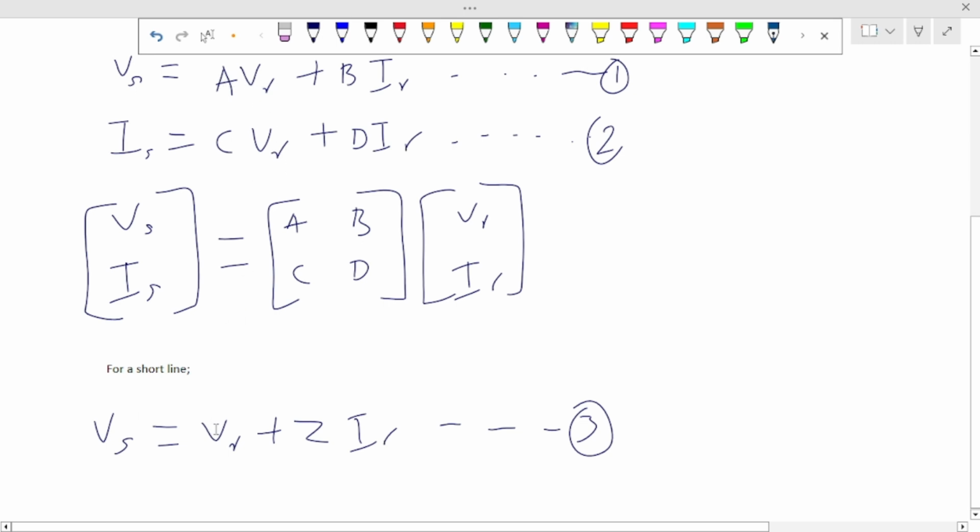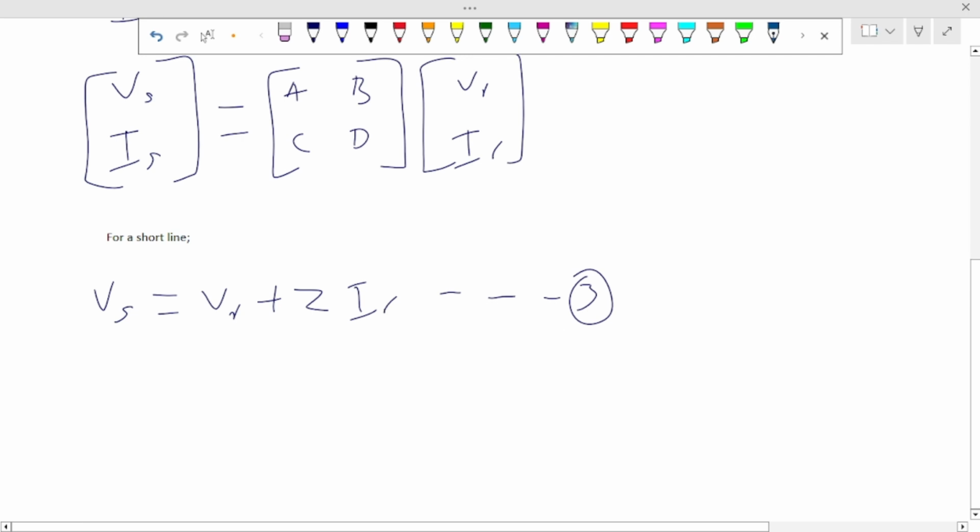A is the coefficient of VR. So what is the coefficient of VR here? It is 1. So comparing equations 1 and 3, we can see that A equals 1.